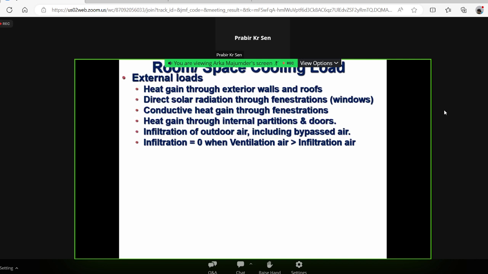But there are some exceptions where the room is intentionally kept under negative pressure. Suppose you are trying to keep a COVID patient inside an air-conditioned room. If you make that room positive pressure, wherever there is leakage, air from that room will leak out and carry the COVID infection to outside areas, which you don't want.